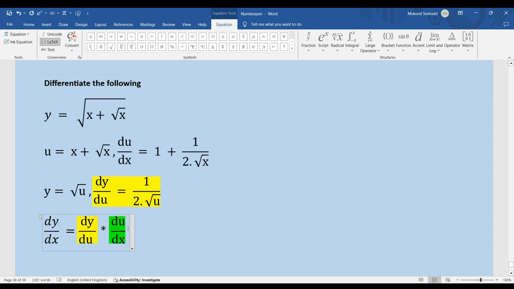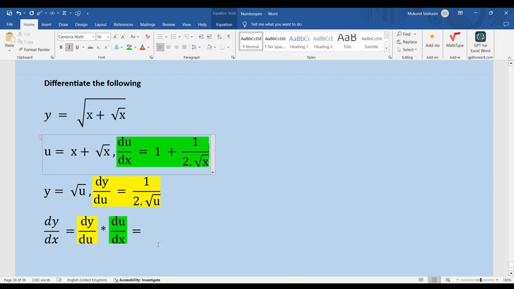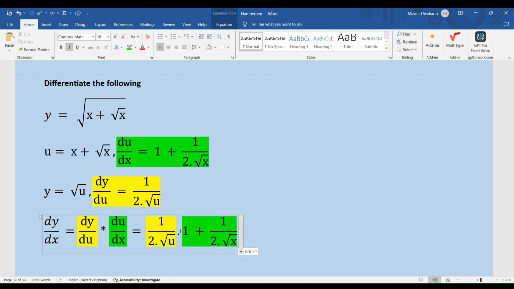So I come back to the final step, and I know that I have my du by dx and my dy by du. So I'm going to put them back, and my final answer to this particular problem is 1 by 2 root u into 1 plus 1 by 2 root x, right?